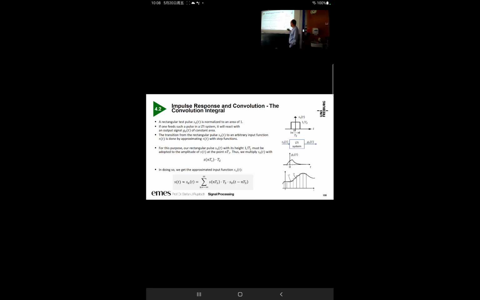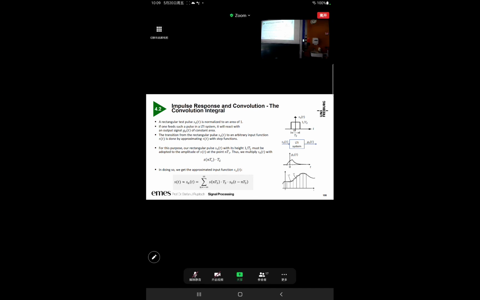What is the idea of this impulse response and convolution? How can we describe it from a very practical point of view? Let us assume that we have a rectangular device. It's shown here. The rectangular device should feature the area 1.